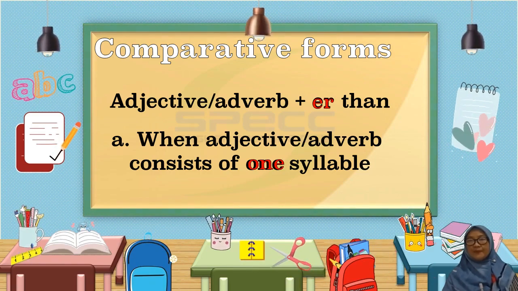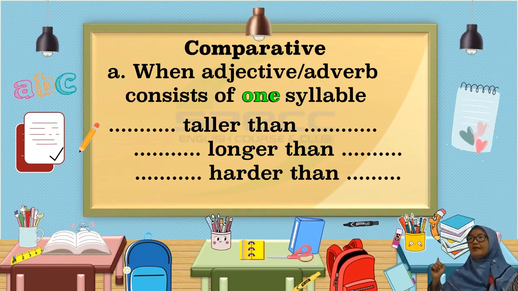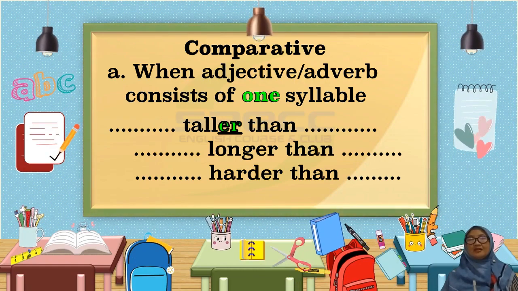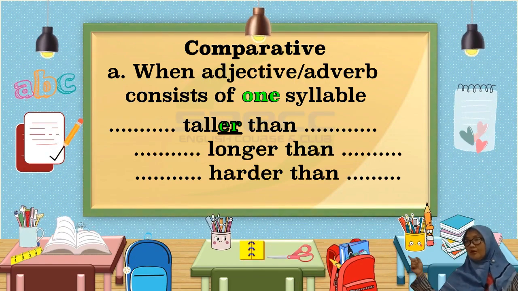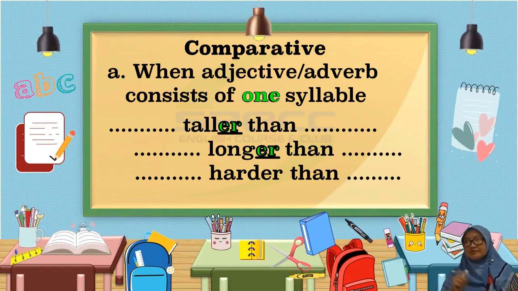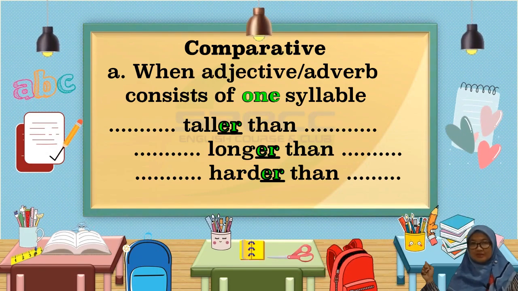For example, tall, one syllable, becomes taller than. And then long, longer than, and hard, harder than. So, one syllable.